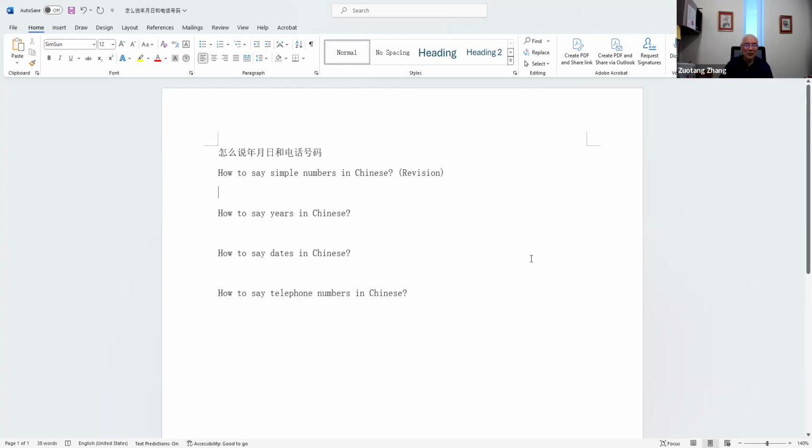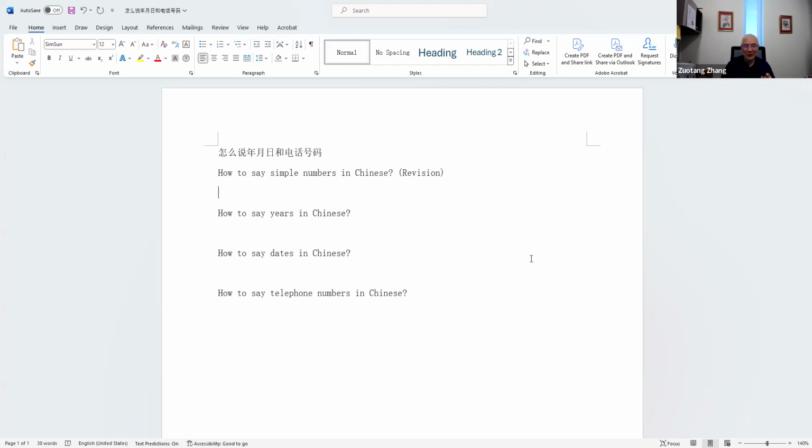All right. So let's review how to say numbers in Chinese. From 1 to 10 is 1, 2, 3, 4, 5, 6, 7, 8, 9, 10. We learned that. We also learned how to say more than 10, like 11 would be 10 plus 1, or 10 and 1.